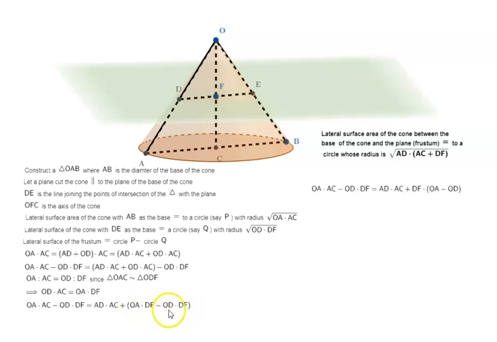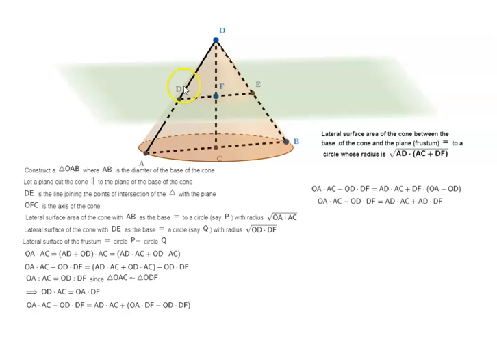Here DF is common, so which means we can take it out and write it as OA times AC minus OD times DF is equal to AD times AC plus DF times OA minus OD. OA times AC minus OD times DF is equal to AD times AC plus OA minus OD is what?